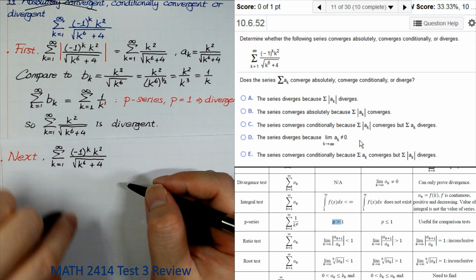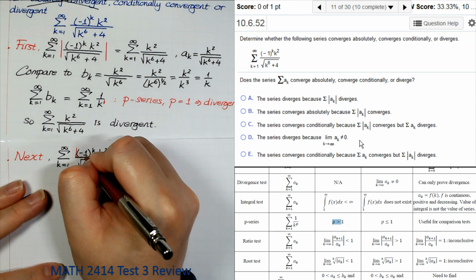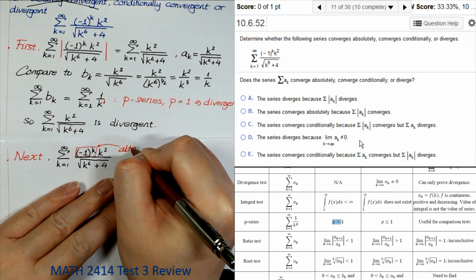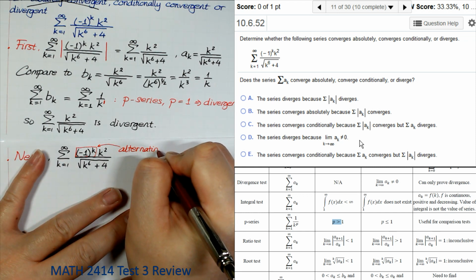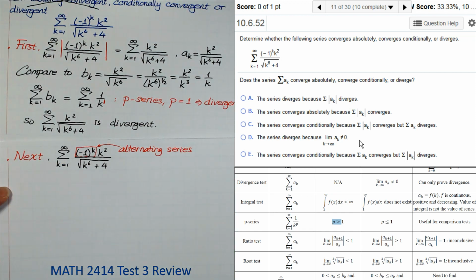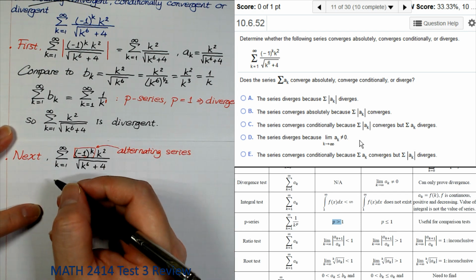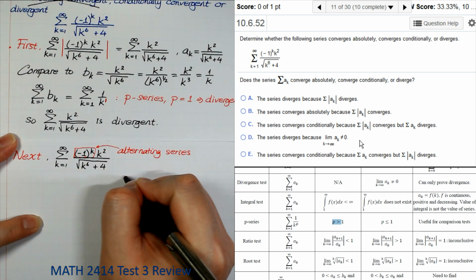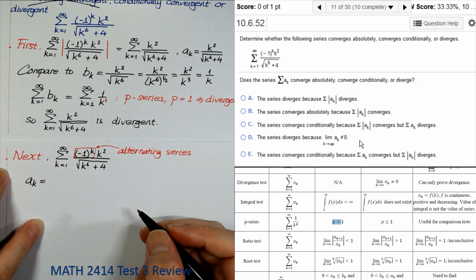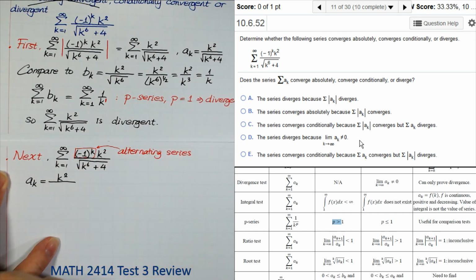Now this is an alternating series, so we're going to ignore that, and a sub k equals, without the negative 1 raised to the k power.